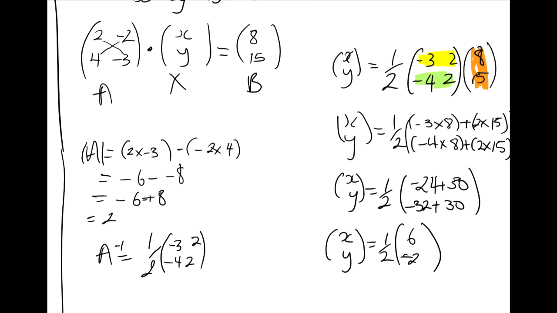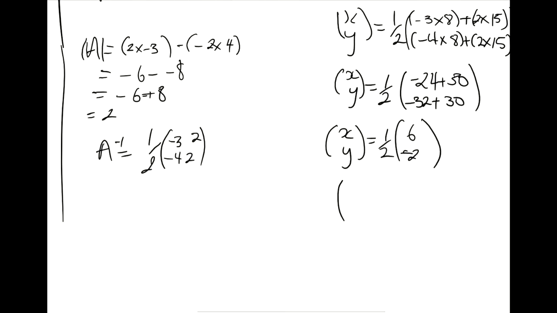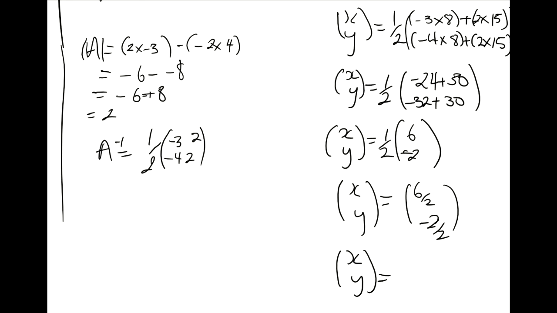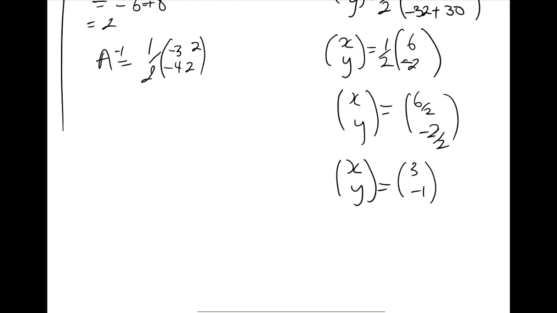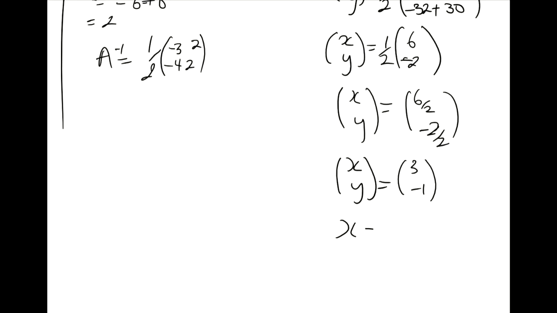So now we just divide both x and y, both 6 and negative 2, by 2. So you're going to get 6 and negative 2 divided by 2 on the bottom, and your answer is going to be 3 and negative 1. So therefore x is 3, and y is negative 1.